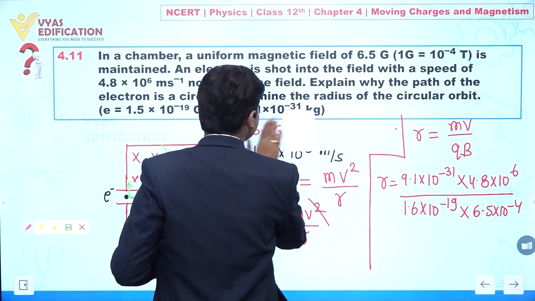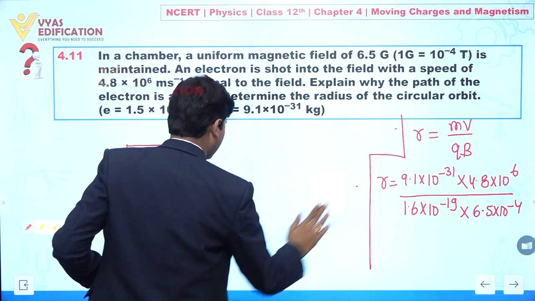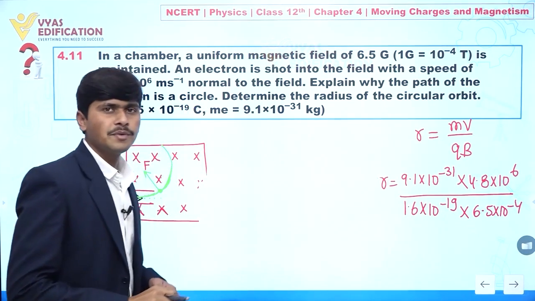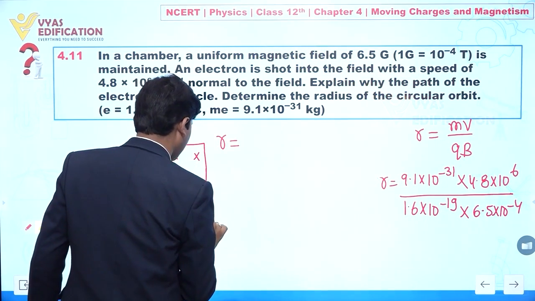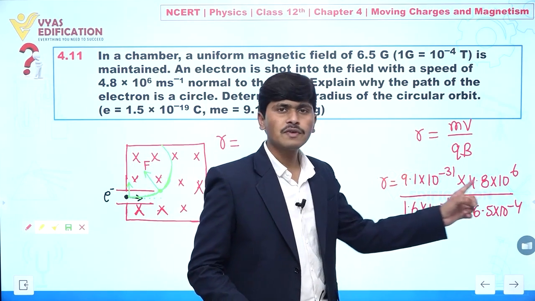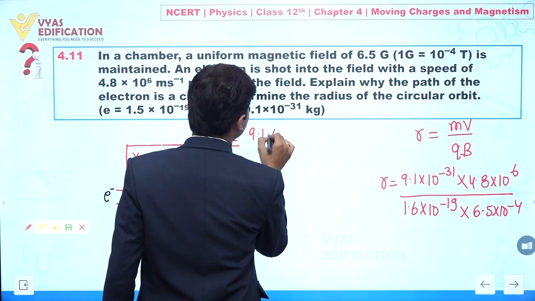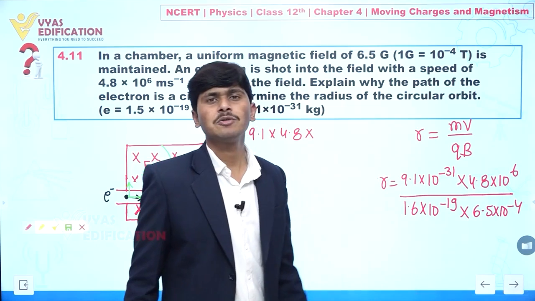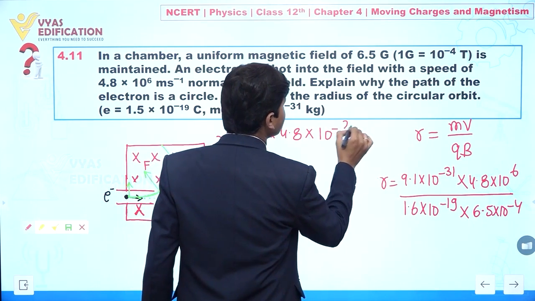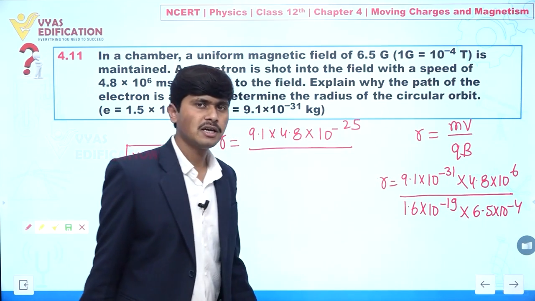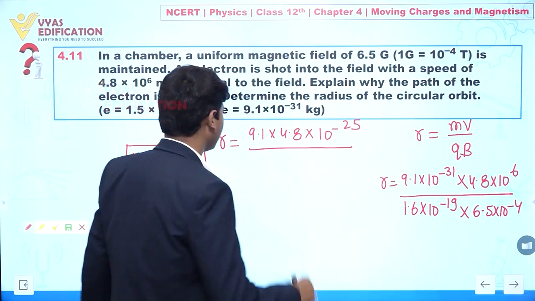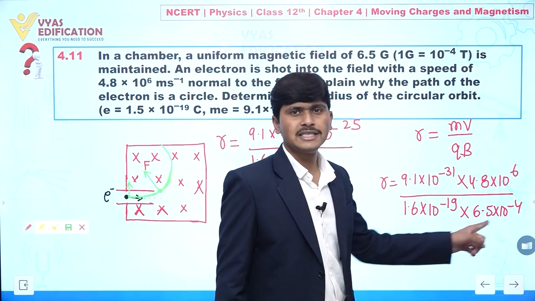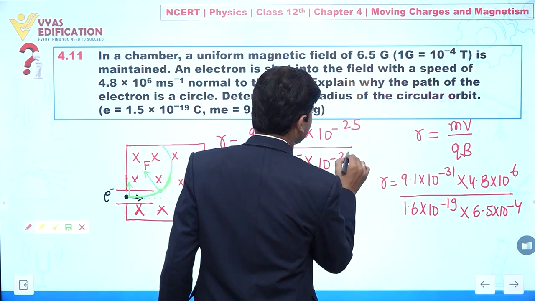Now concentrate. The value of r is given by 9.1 multiplied by 4.8, with 10^-31 and 10^6, so 10^-25, divided by 1.6 multiplied by 6.5 with 10^-23.